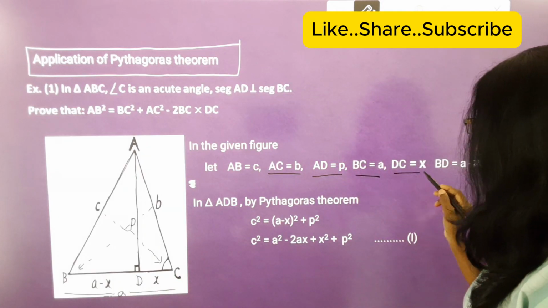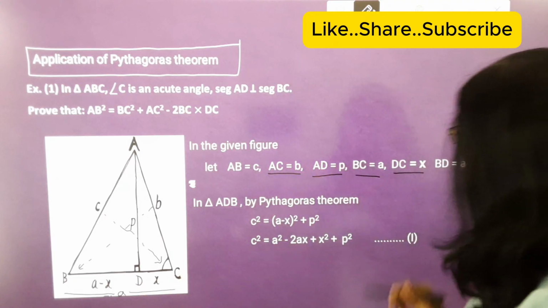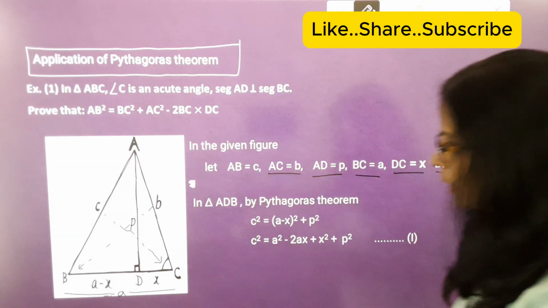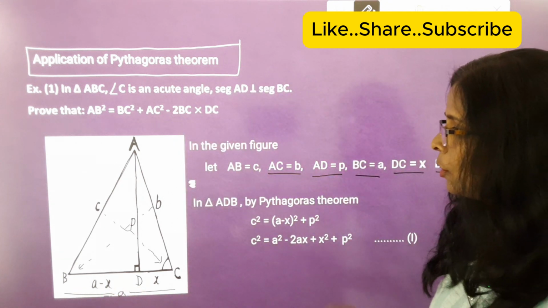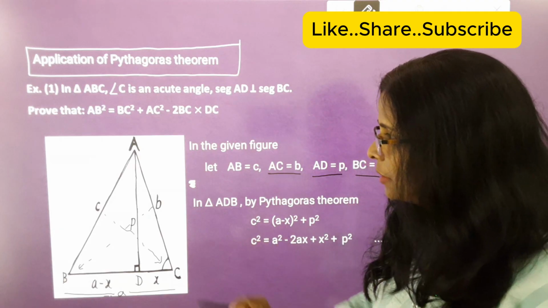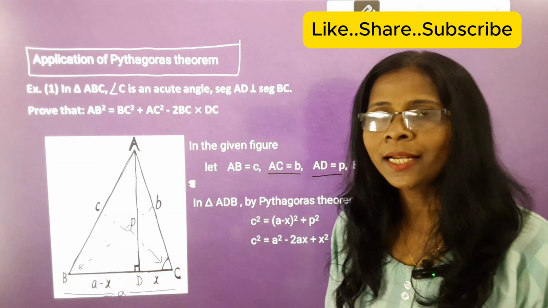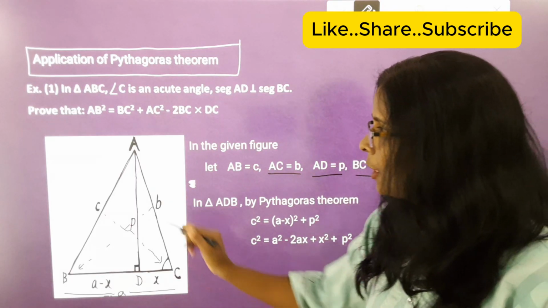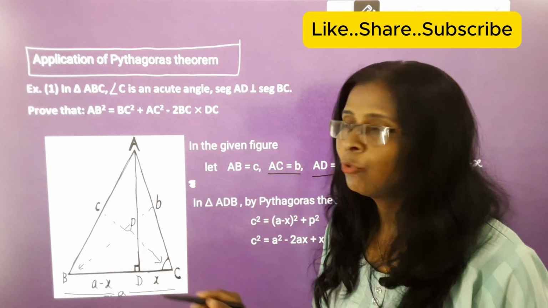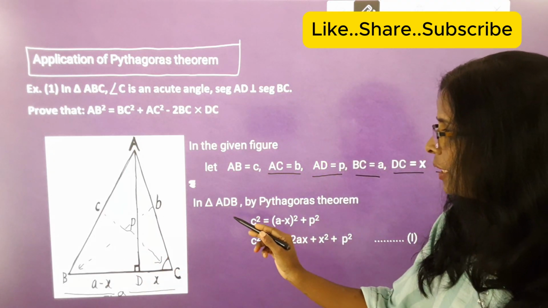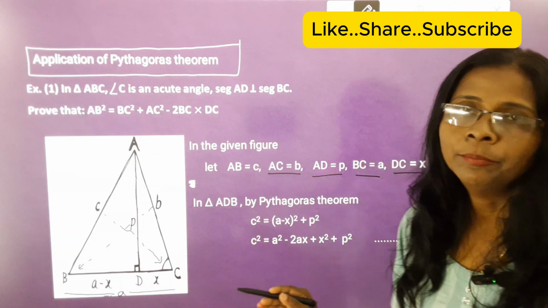Now here DC is equal to x. You have to consider that DC is equal to x. Then we can say BD will be a minus x. Okay students, so here there are two right angle triangles, that is triangle ADB and triangle ADC. First we choose the triangle ADB, which is a right angle triangle, and apply the Pythagoras theorem in it.